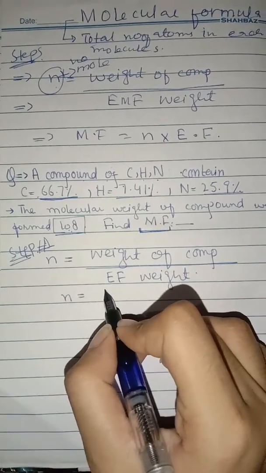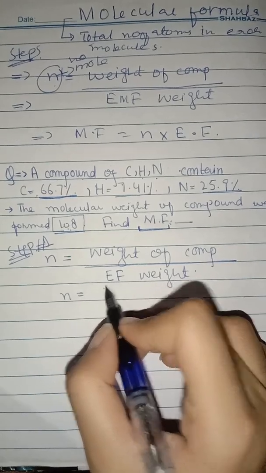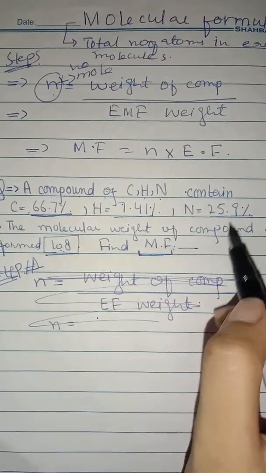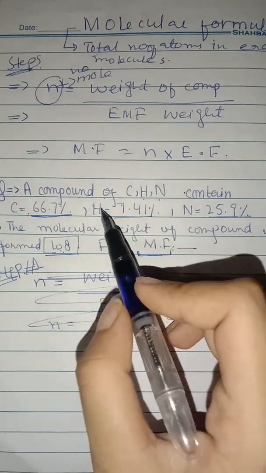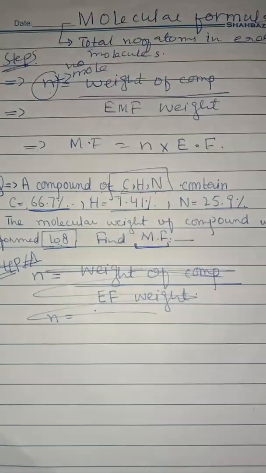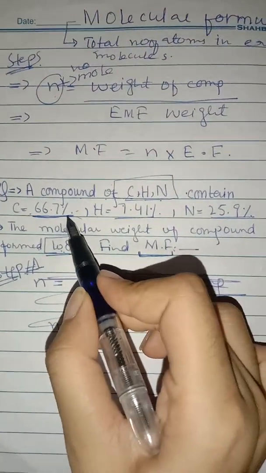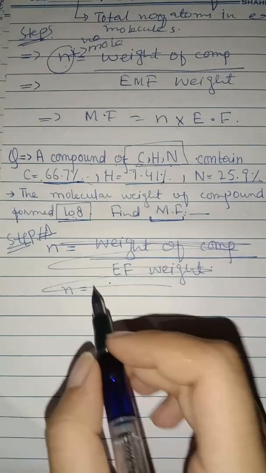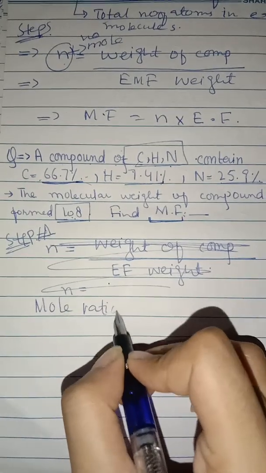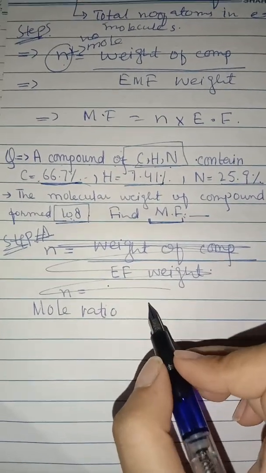First of all we have to find the empirical formula of these elements. As we have the percentages here, we will continue by finding the mole ratio of the elements, because we have to find the empirical formula first.